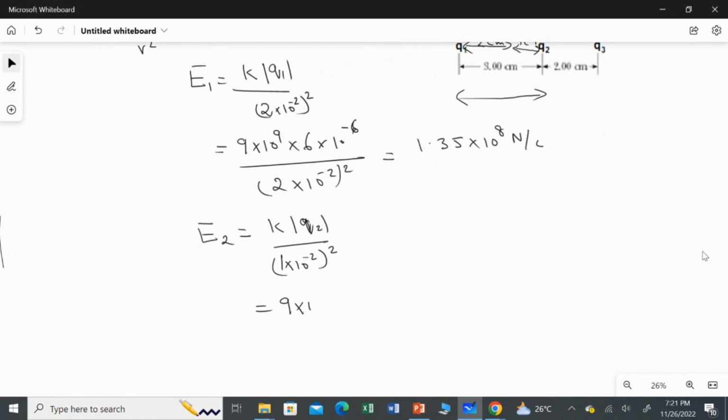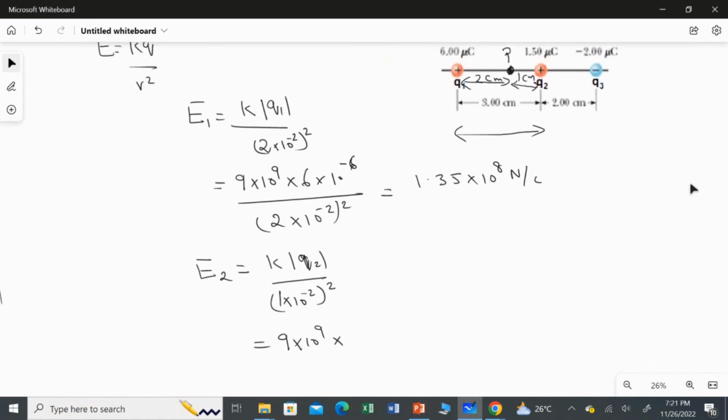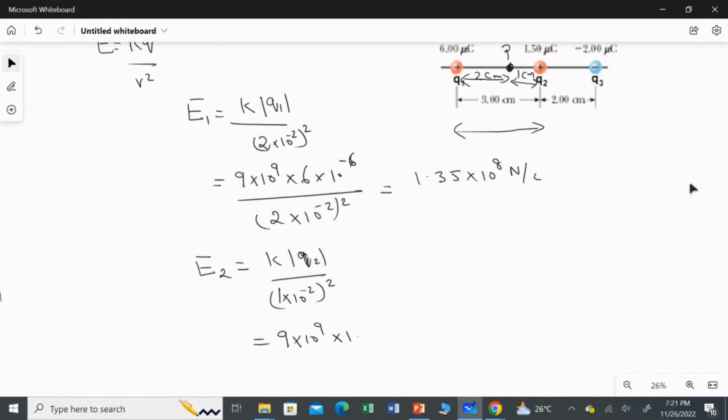So 9 multiplied by 10 power 9 multiplied by the second charge, 1.5 microcoulomb, so 1.5 multiplied by 10 power minus 6 over 1 multiplied by 10 power minus 2, the whole square. Again I got the same answer, right? 1.35 multiplied by 10 power 8 Newton per Coulomb.